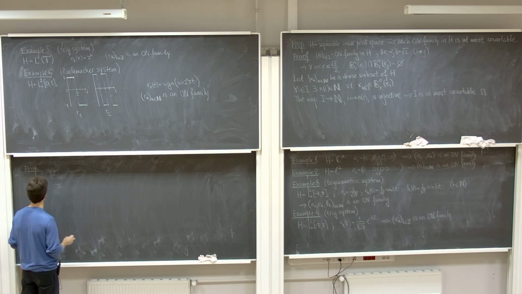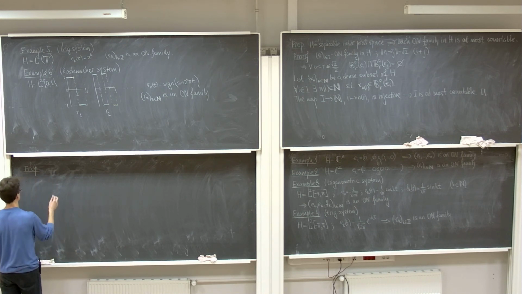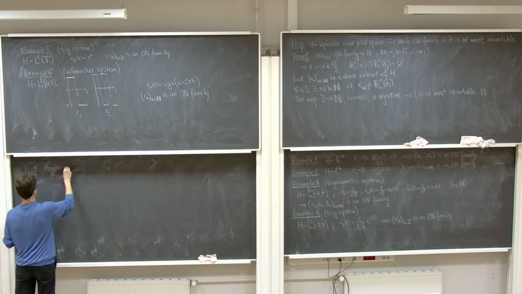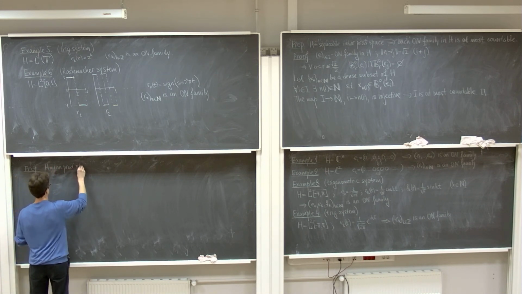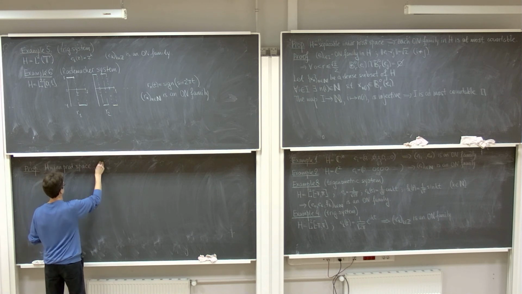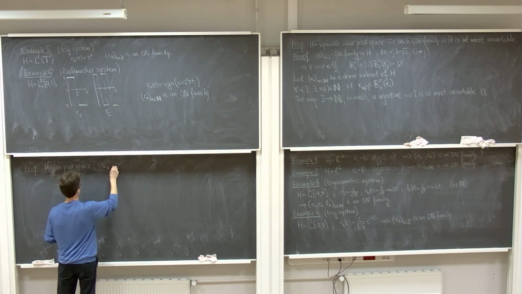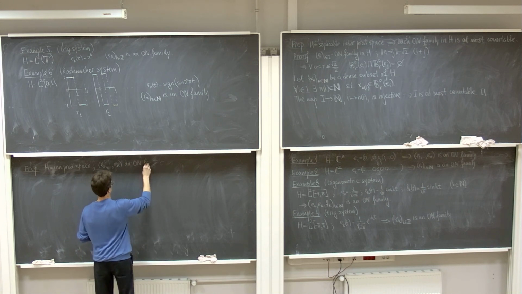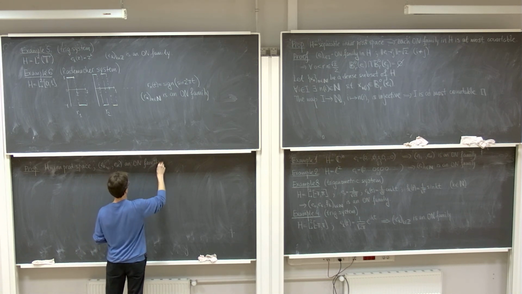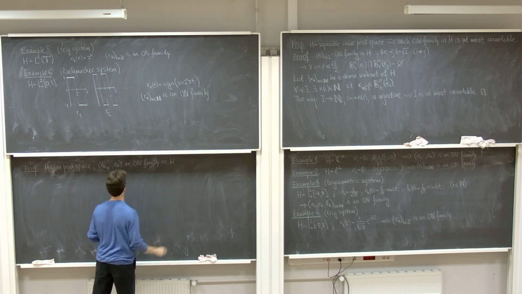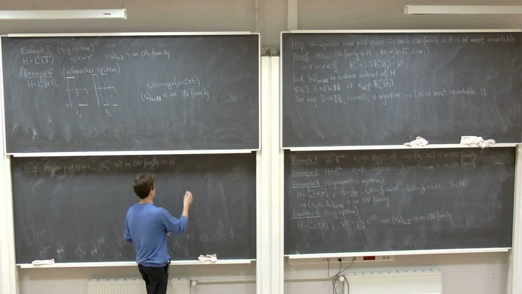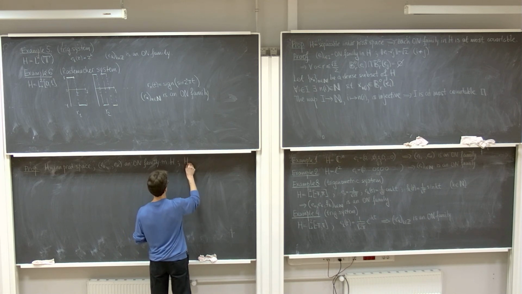Suppose that we have a finite orthonormal family. So H is an inner product space, and E1 to En is a finite orthonormal family in H. And let H0 denote the linear span of this family.